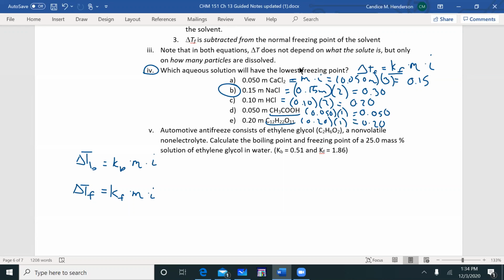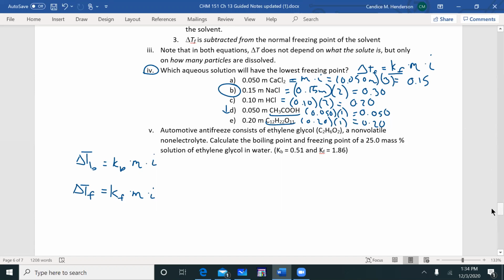Yes, this first one had a higher i factor, but it had a much lower molality. If I was to say which one would have the least effect on freezing point, it would be, let's see, 0.2, 0.05. I would say this one here. This would be our lowest, D. We're only getting 0.05.